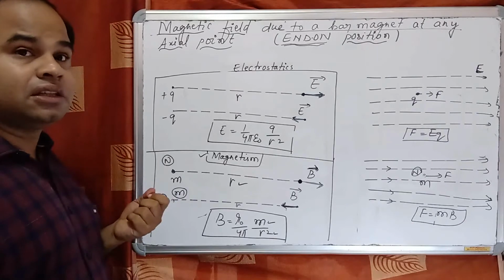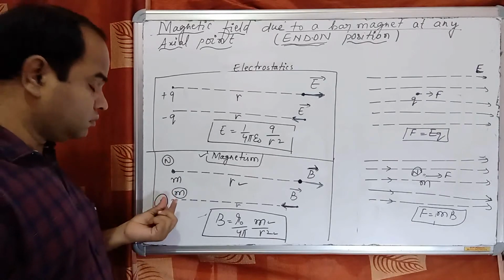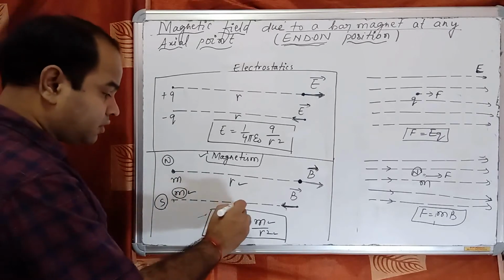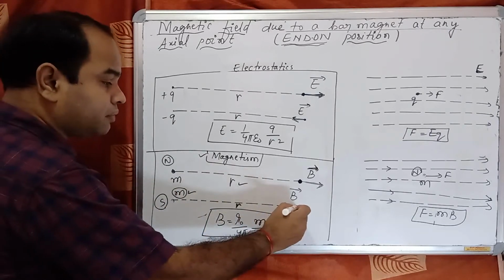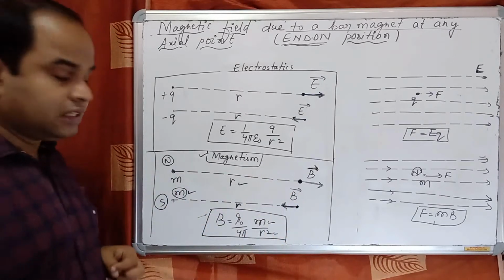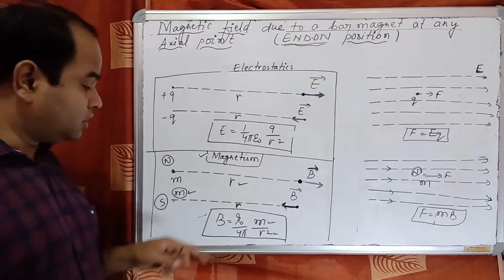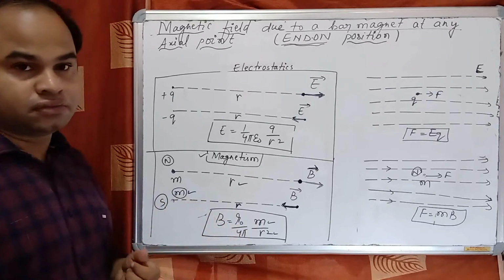If it is a south pole having pole strength m, at r distance from it, it produce magnetic field that is inward in nature, and the magnitude is mu naught by 4 pi m by r square.